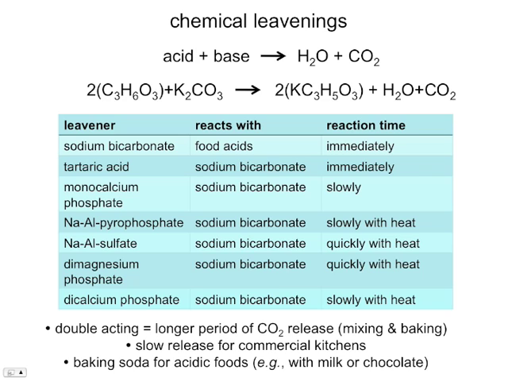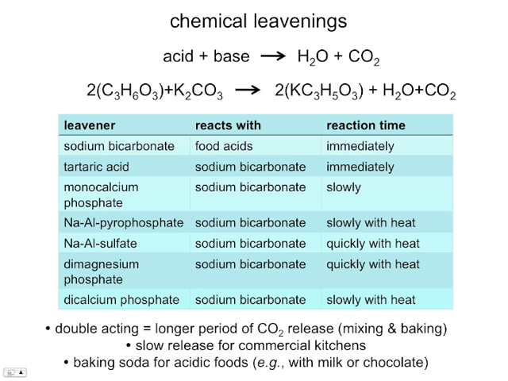That can be lactic acid. So if you see sodium bicarbonate or baking soda as your leavener in a recipe, also look for yogurt or buttermilk, and that's going to provide you with the acid. Or you can use tartaric acid and other organic acids as well. But oftentimes you'll be using an acid that's present in the food, and that's a quick reaction.